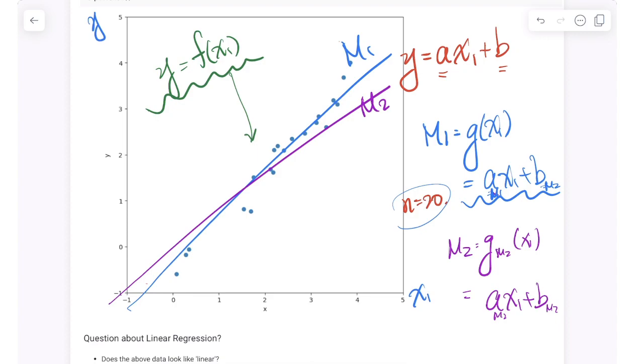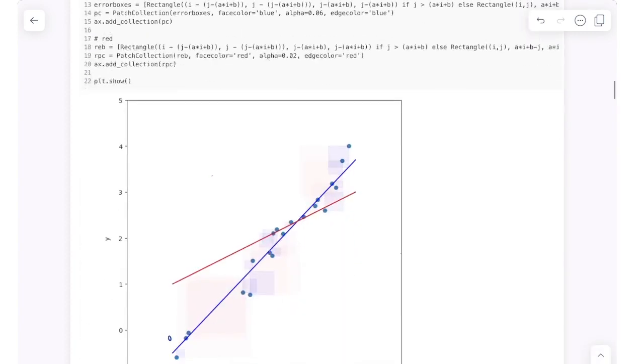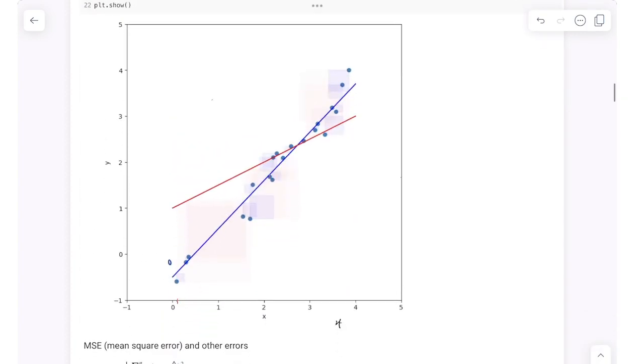So the next question is, if we have two lines, for example the red one called M1 and the blue one called M2, how do we compare these two different models?